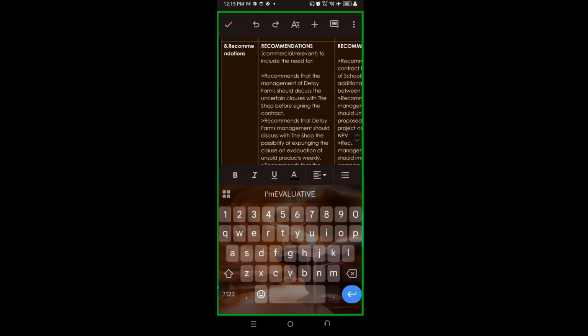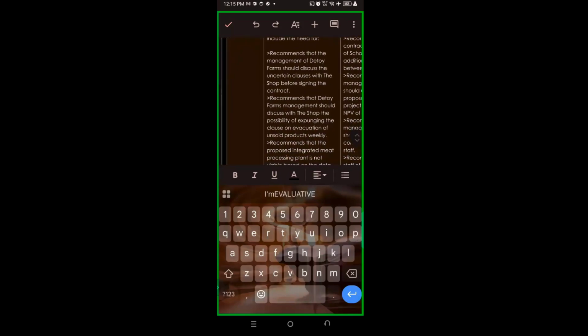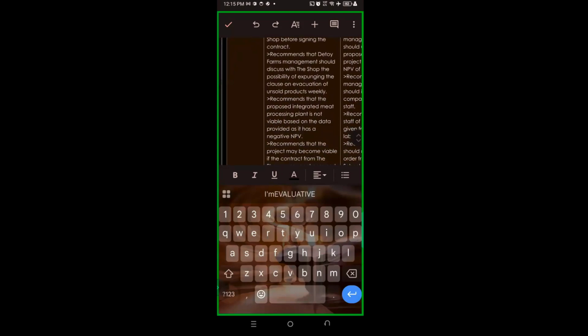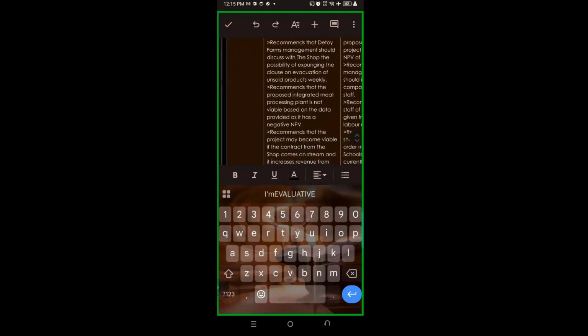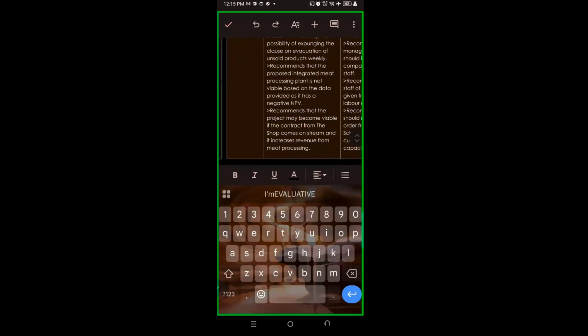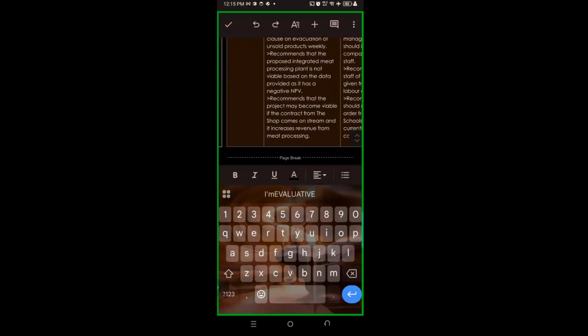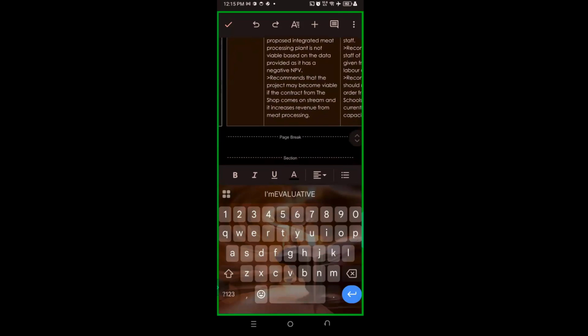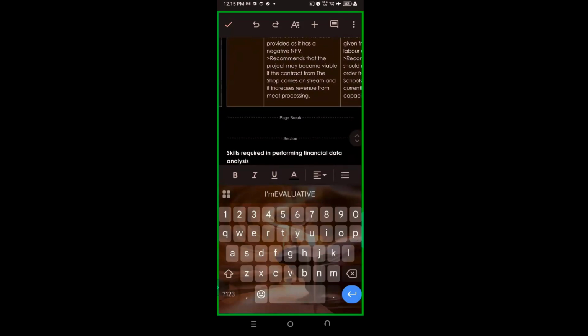Here they said recommend that the management of DFFP should discuss with Disha the possibility of expunging clauses on evacuation. Recommend that the proposed ingredient is not viable based on the data provided. Recommend that the project may become viable.